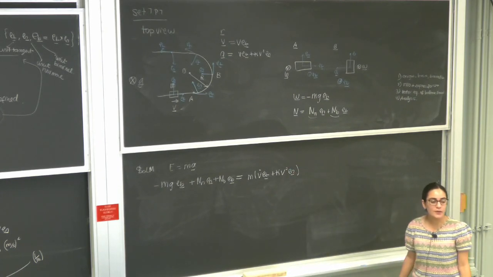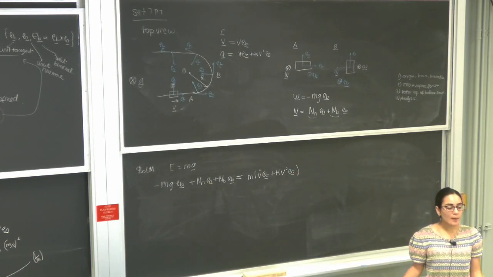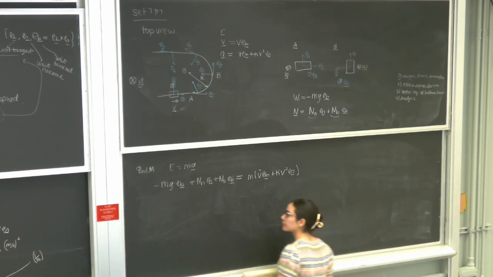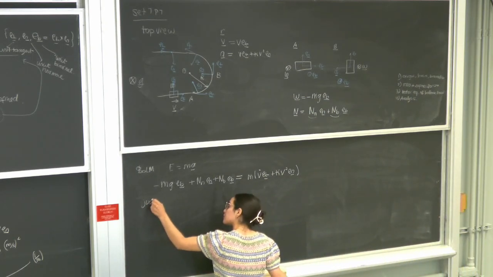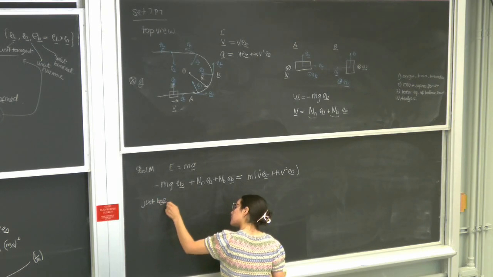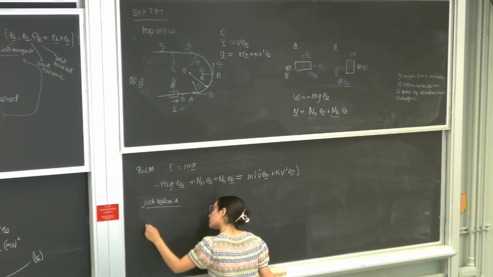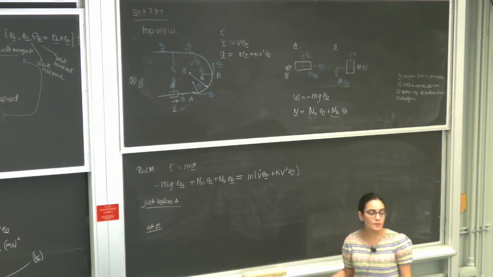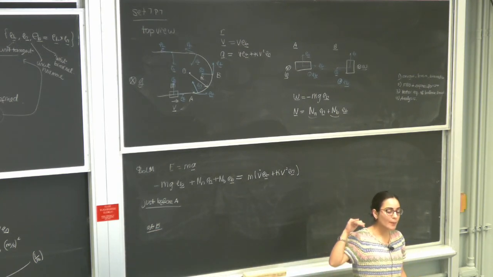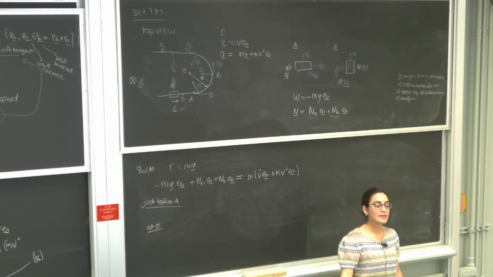So what's the difference if I want to apply this equation at A or just before A? What's the difference gonna be in the balance law if I'm applying it just before A and then at B?